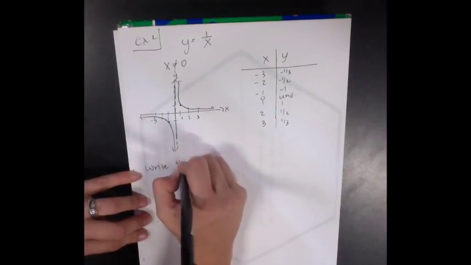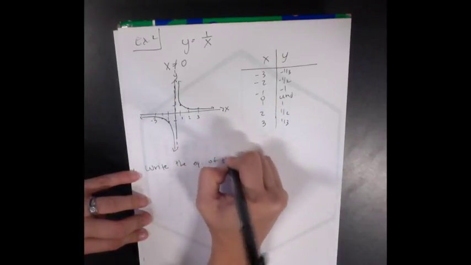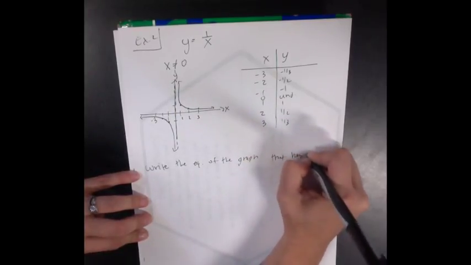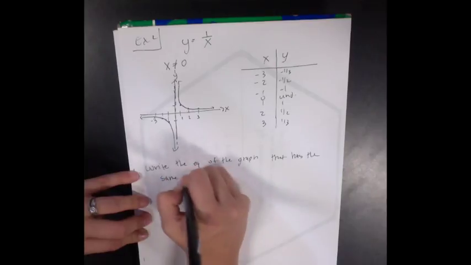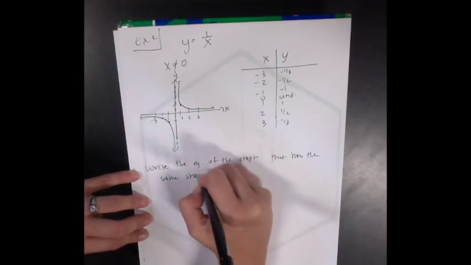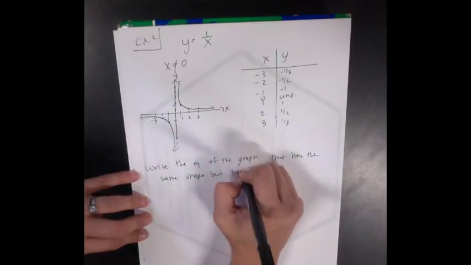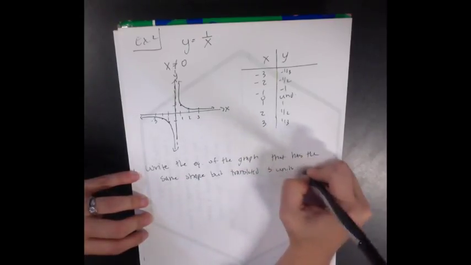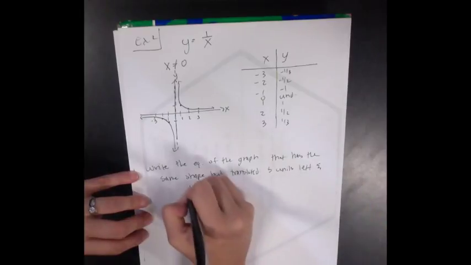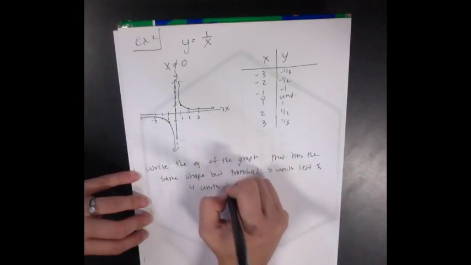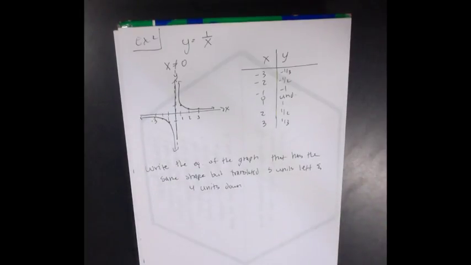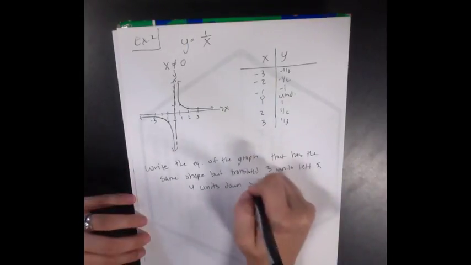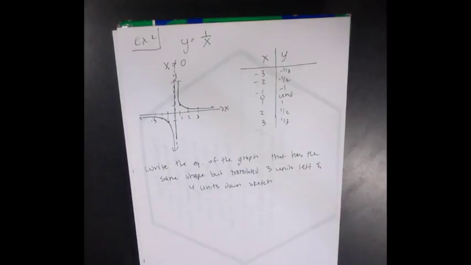Now, if we want to write the equation of the graph that has the same shape but translated 3 units left and 4 units down, I want to write the equation and sketch the graph.